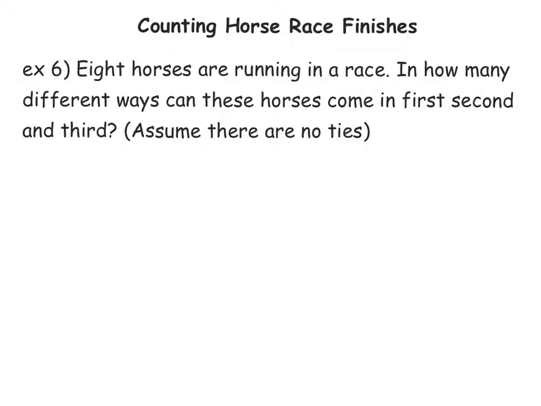So we start with the regular definition of a permutation: 8 different horses could finish first. Take out your winner, you have 7 left for second, 6 left for third, but there we cut it off. We have 5 horses that could finish fourth, but we're just asking how many different orders for first, second, and third, and that would be 336.